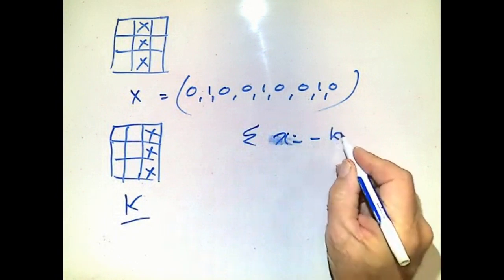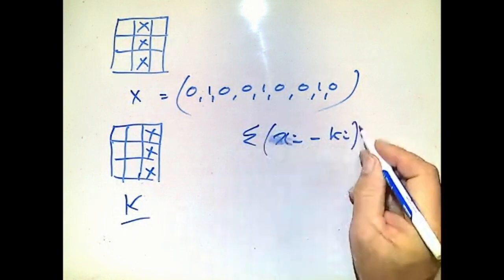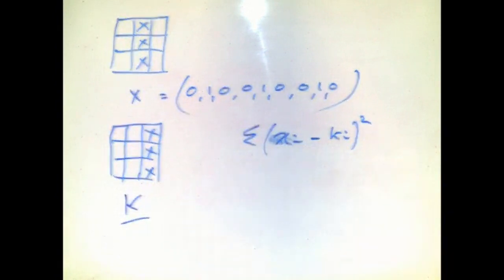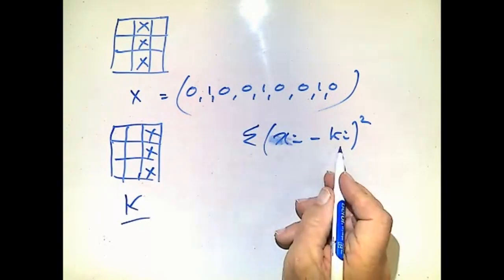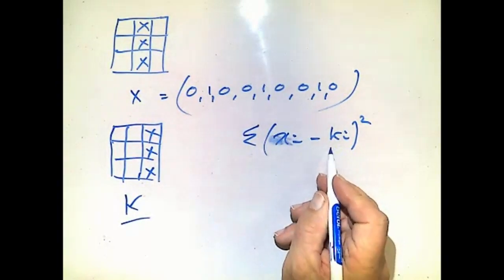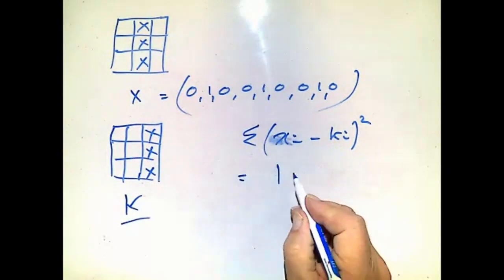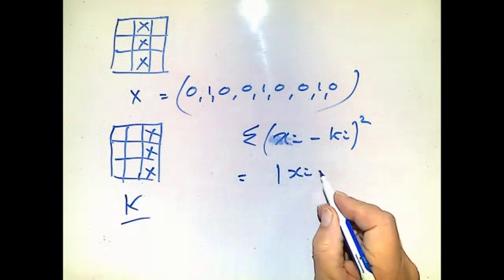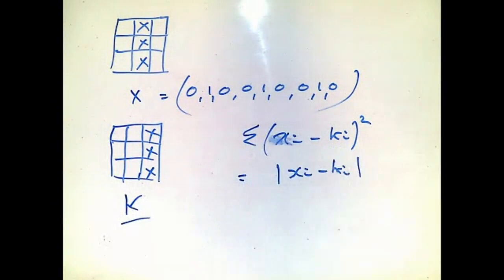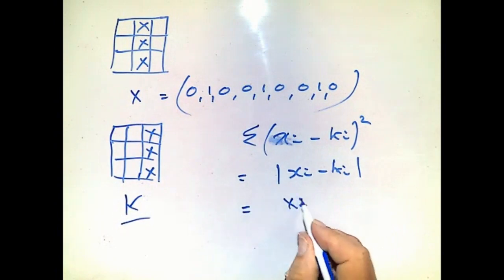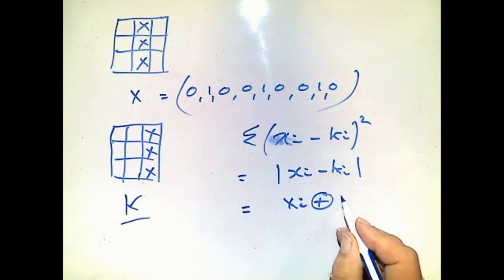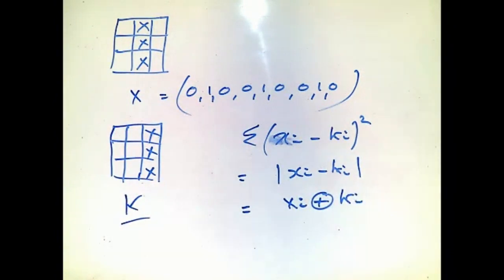xi minus ki, squared. That's the operation you're doing for Euclidean. That, because x and k are 0 or 1, they're binary, is equal to the mod of xi minus ki. And that, if you want to implement it in logic, is exactly the same as xi exclusive or ki.